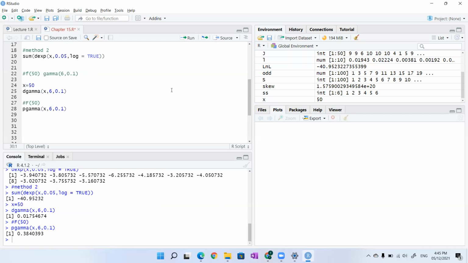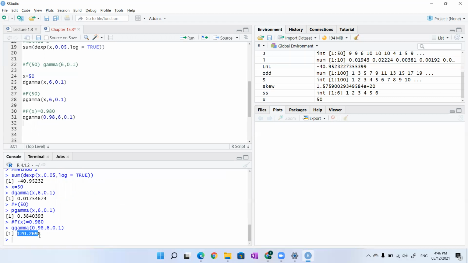Now suppose you have the probability 0.98, but you do not know the x value. Again, same thing. I copy paste. This would be qgamma, and instead of x it is 0.98. So you got your answer as 120. So fx of 120.2698 is basically 0.98. Similarly, if you want to produce several values, then rgamma.